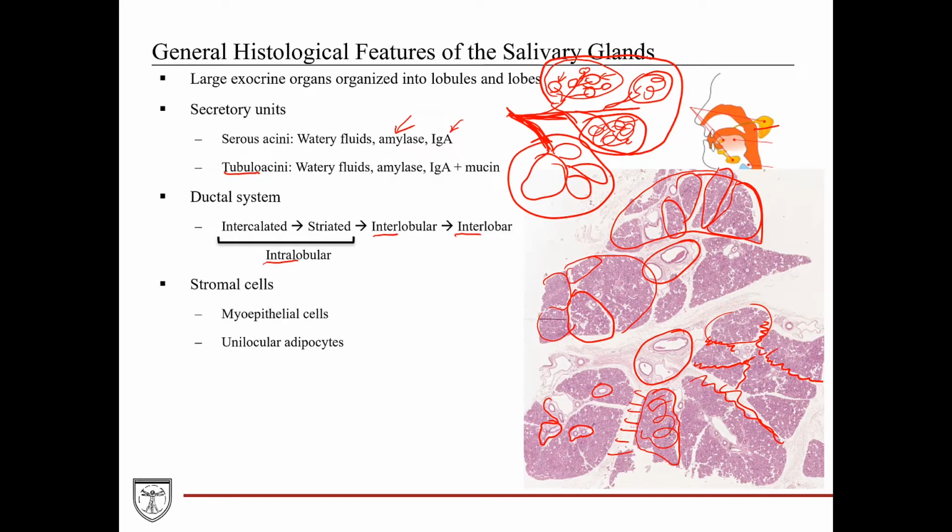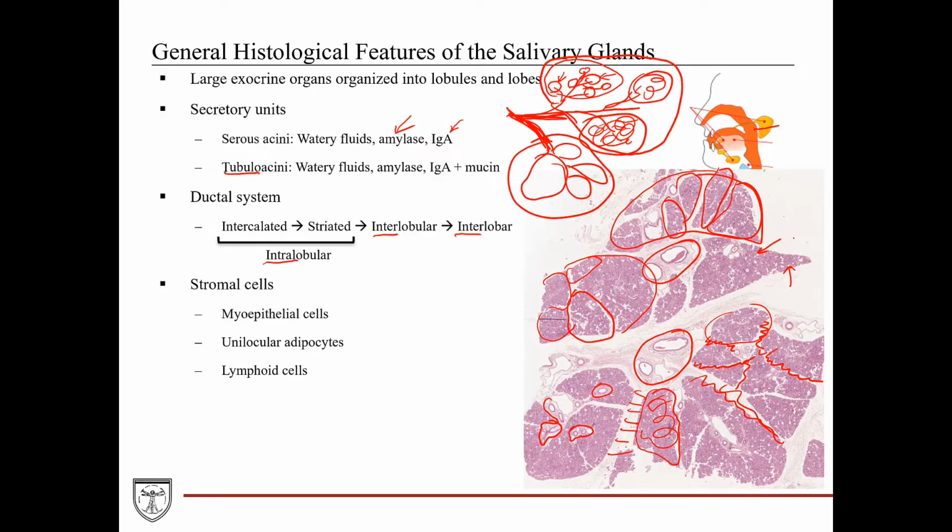So wherever we see a lot of these non-staining, really tiny pockets of areas within the lobules, these are most likely the unilocular adipocytes. And we also have a lot of lymphoid cells that could be found within the stroma, including the plasma cells that produce the IgA, as well as macrophages and lymphocytes.